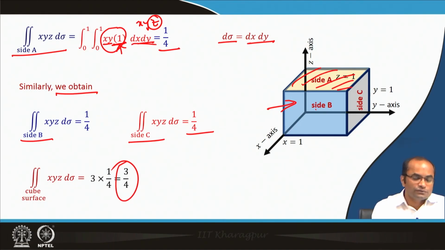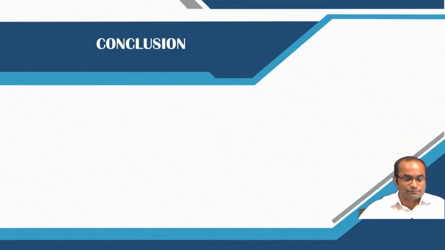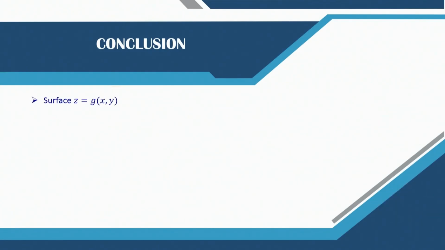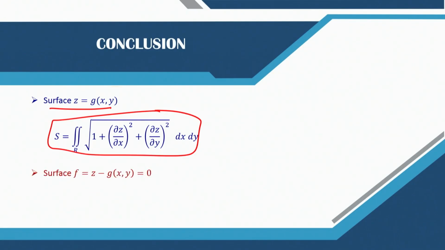So, that is the value of that integral when we integrate over this cubic surface. The integral was much simpler in this case, because the differential element on the surface was equal to the differential element on the coordinate planes. So, to conclude, here we have considered the surface z equal to g x y, and this is the familiar formula which we have already used in the integral calculus.